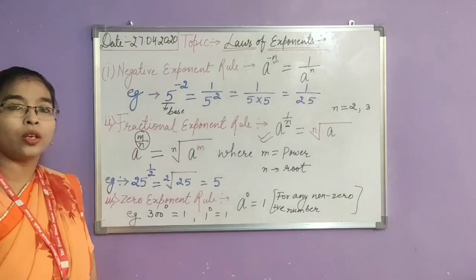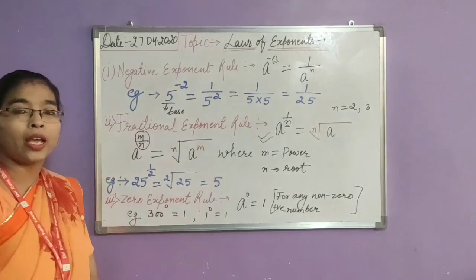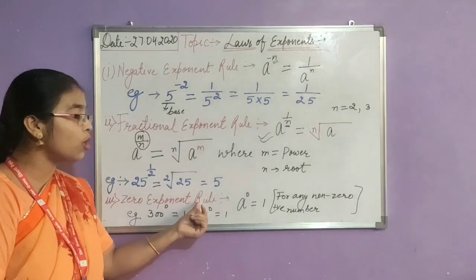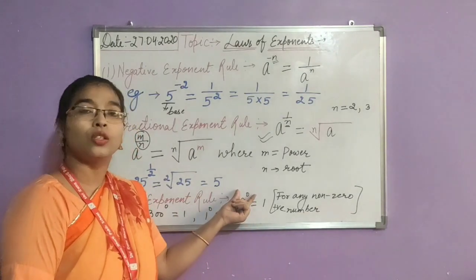So at last we are going to discuss the zero exponent rule. As the word sounds, we use the zero exponent rule when the power of any number is 0.